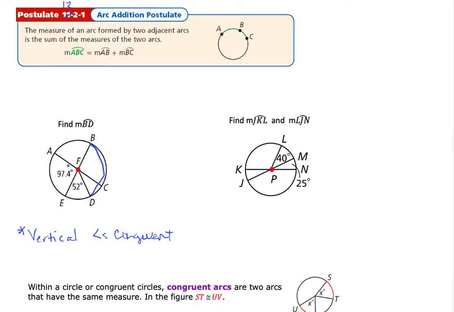So that means that 97.4 is the same as 97.4. And this is the same as this part here. So we have 97.4 degrees from B to C.